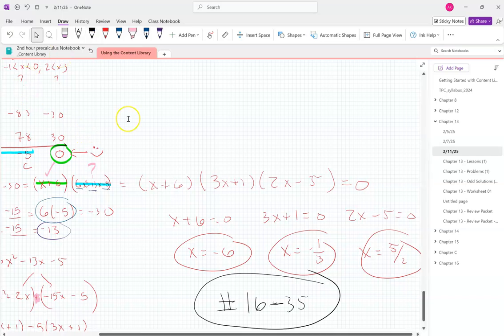I think we have one more section in this chapter left to do, where we put the final finishing touches on the synthetic division based factoring method. And then we're done with yet another chapter here.